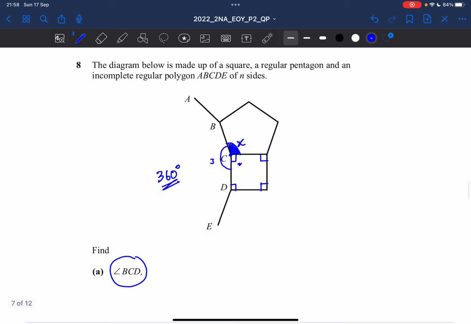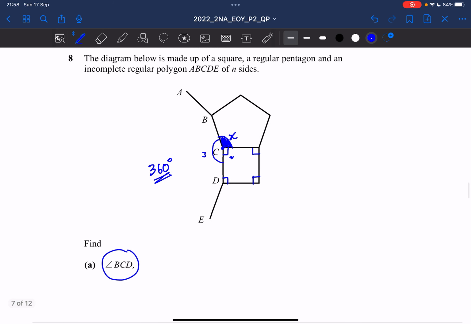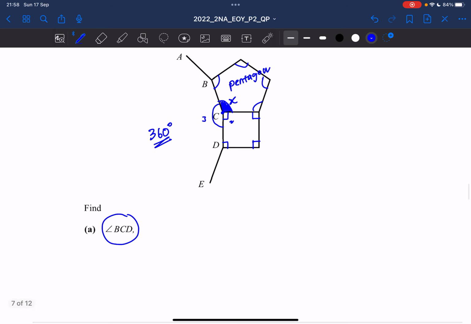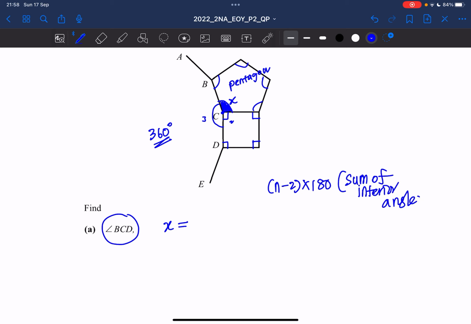So angle X is actually an angle in the pentagon. This is a pentagon. How do we know it's a pentagon? It has 5 sides. So how to get X? We have to use this formula, n minus 2 times 180 degrees, for the sum of interior angles.